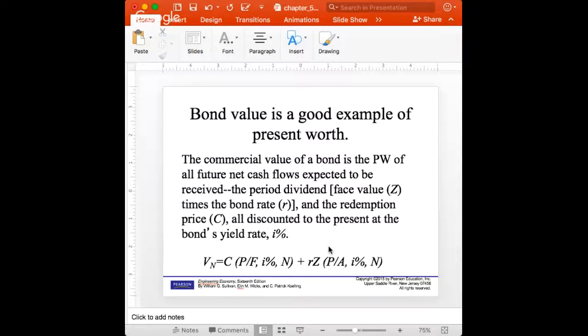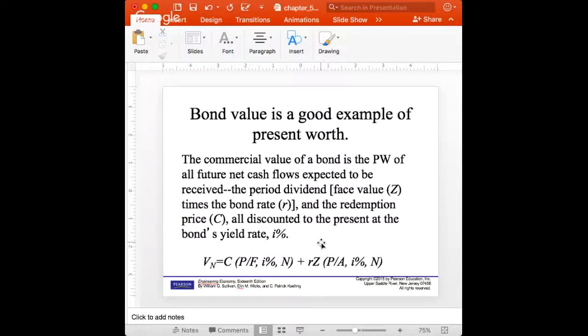slide here. This gets into some definitions, and it shows us what our bond equation is. So the commercial value of a bond is the present worth of all future net cash flows expected to be received.